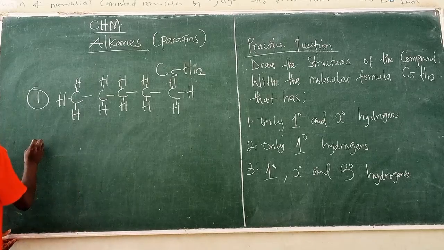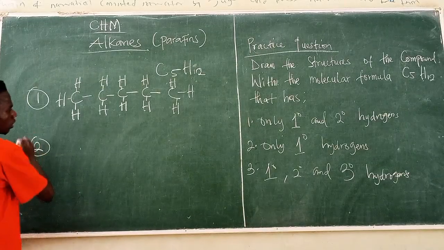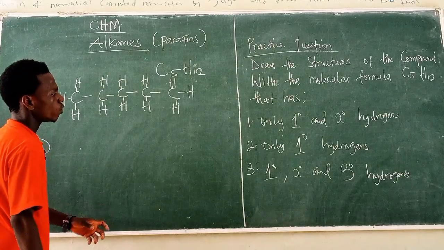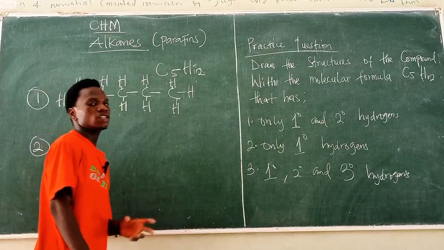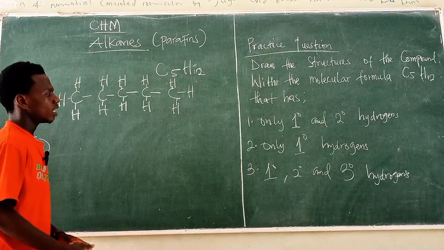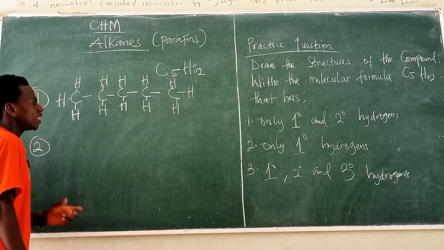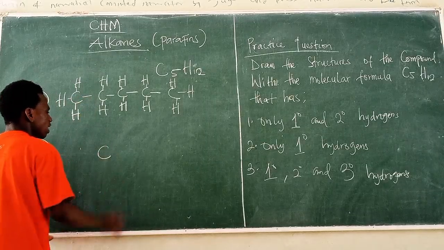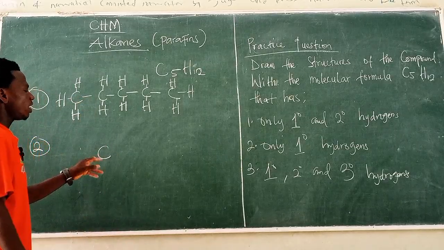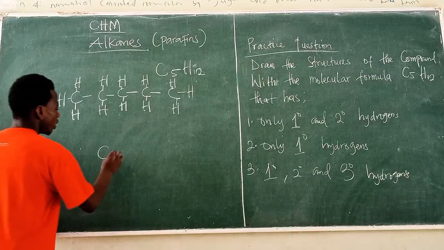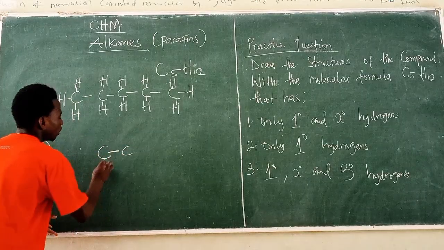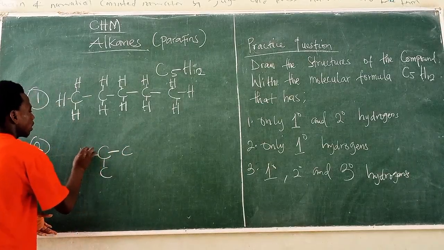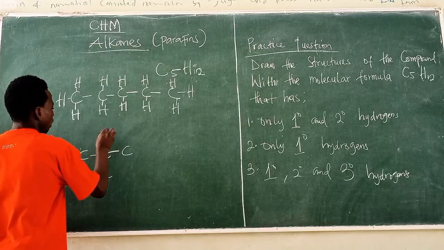So, on number 2, we should draw the structure that contains only primary hydrogens. Now, we have 5 carbon atoms. If we take the first carbon atom to be a quaternary carbon, we are going to have 4 carbon atoms at the terminal.